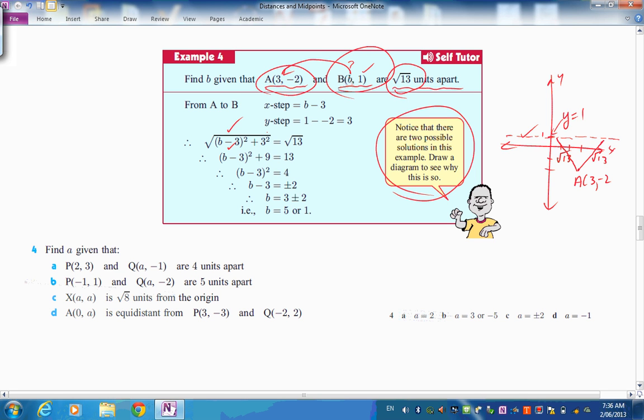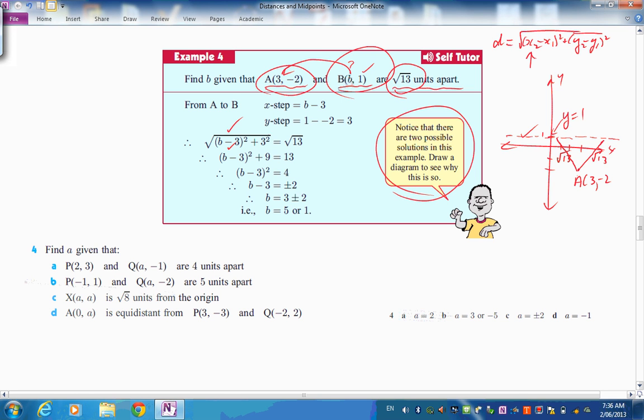Remember, you're pretty accomplished in algebra now, and so B shouldn't worry you. B's just another number. So when you're using the formula, x2 take x1 squared plus y2 take y1 squared, why can't B take the place of x2 there? Why shouldn't it? B is standing for a number in algebra land.